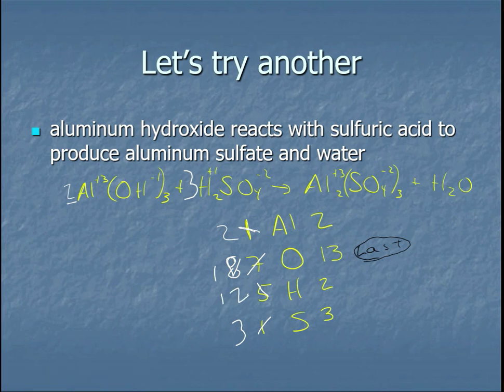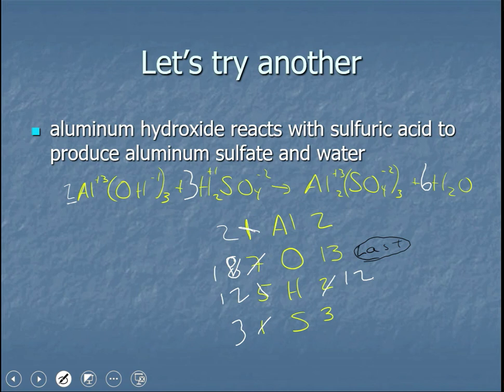Okay, so now I got to fix something. I said I was going to do oxygen last. I've already taken care of aluminum and sulfur, so let's take care of my hydrogens. Right now, hydrogens, I have 2 on this side, and I have 12 on the left-hand side. So if I put a 6 here, then I'm going to get 12. Life is good. So now I got to finally tackle my oxygens.